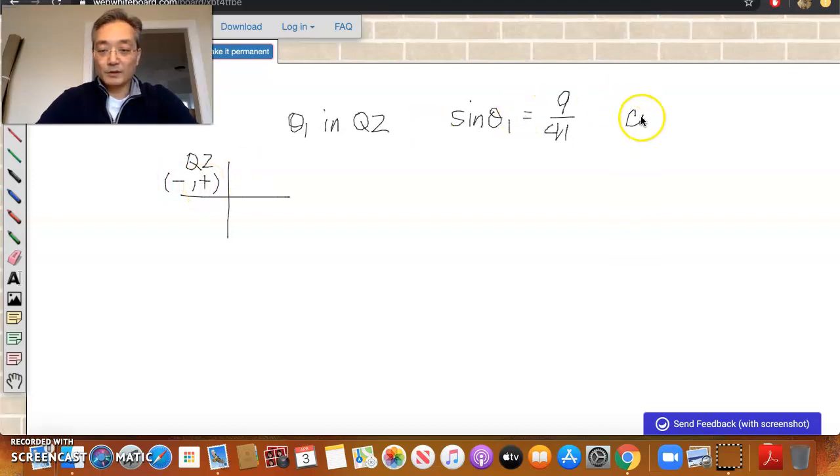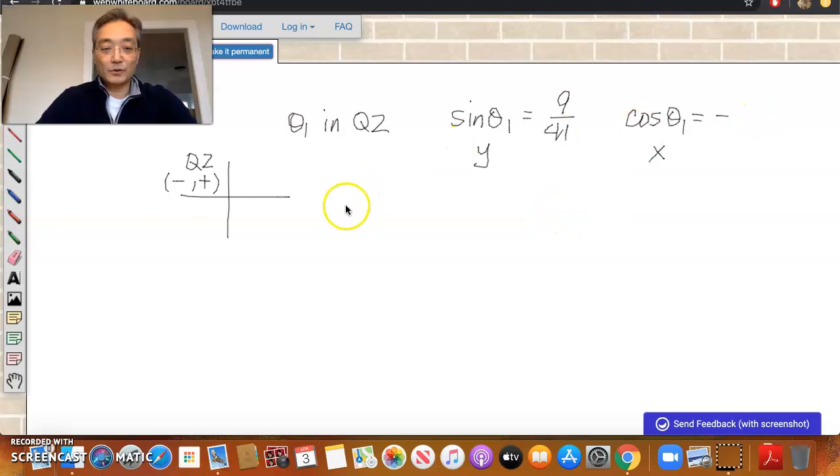Well, they want us to find the cosine of theta 1. So automatically we know that since sine is y and cosine is x, and since in Q2 all the x values are negative, this is going to be negative here, right?